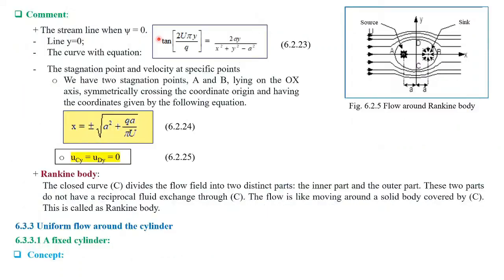When this one moves to O and this one also moves to O at the same time, in this case the Rankine body becomes a circle.